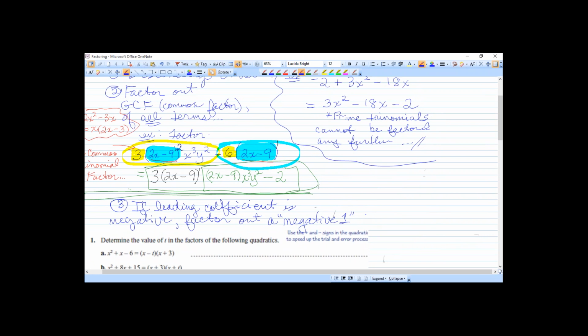Let me put an example right here. Let's say I have negative 3x squared plus 6x plus 6. When you go to factor this, you see that they all have a factor of 3, right?